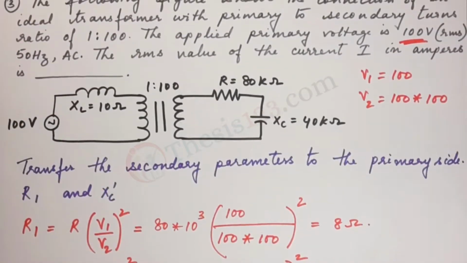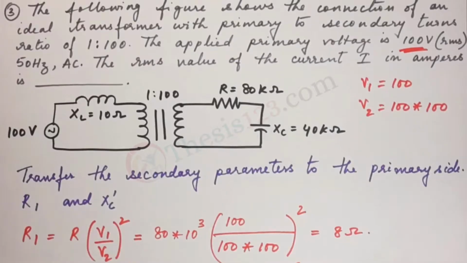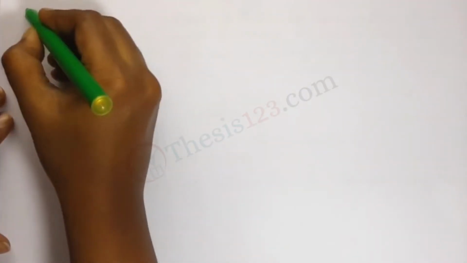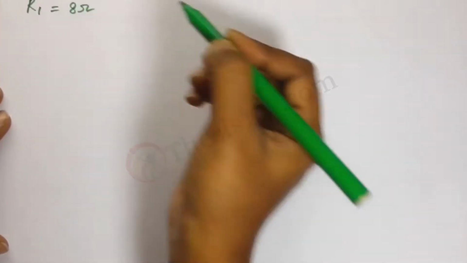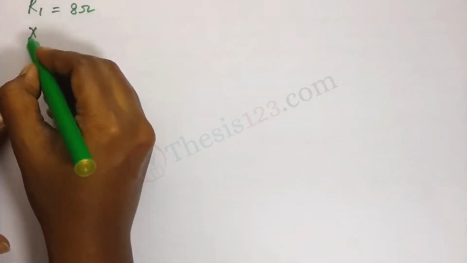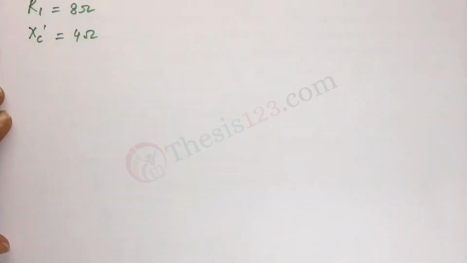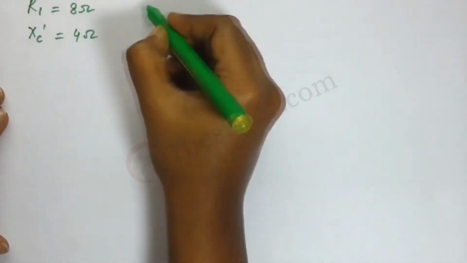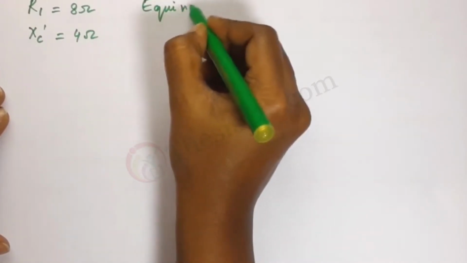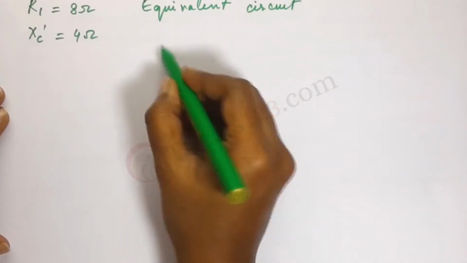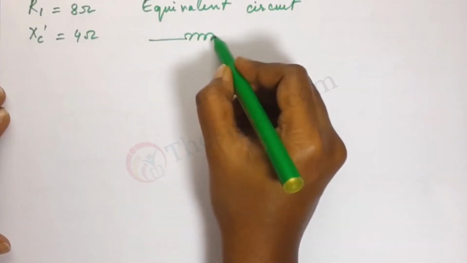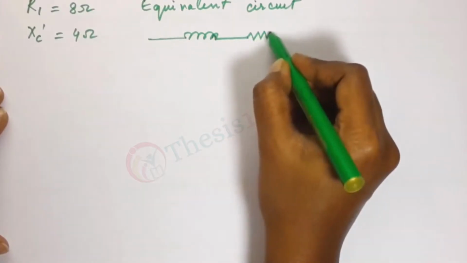Now let's draw the equivalent circuit. I'll just get another sheet of paper. Right. Here are our values. R dash, or R1, we have found to be 8 ohms, and XC dash is 4 ohms. Now we need the equivalent circuit. It can be drawn, forgive my drawing, it's a little rough.